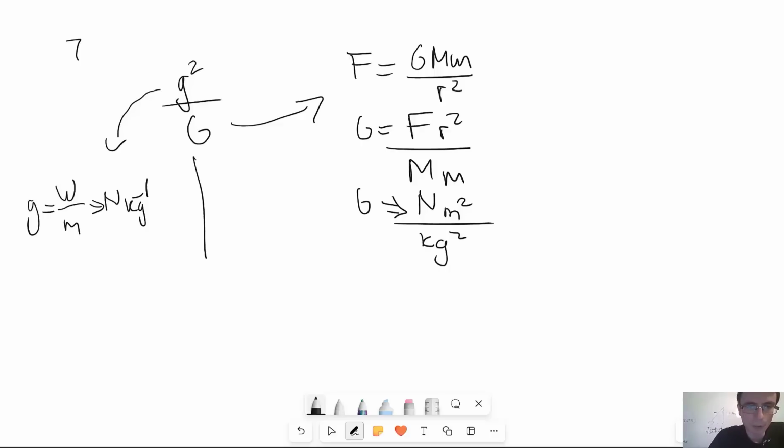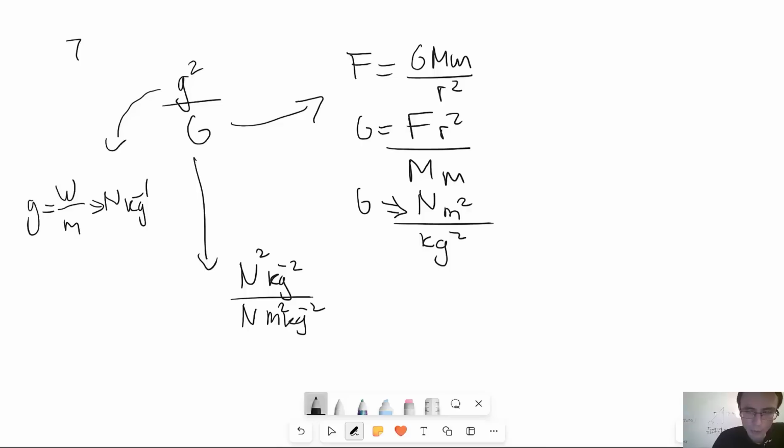So g squared divided by G, what is that going to give me? Newton squared kg to the power of -2, and then we're going to divide this by this, which is newtons multiplied by meters squared kg to the power of -2.